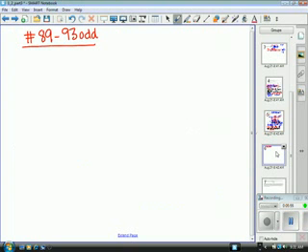And what they're going to tell you is to look at absolute value of x and look at negative absolute value of x.